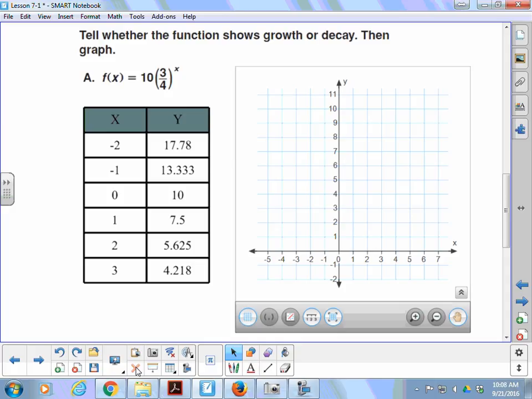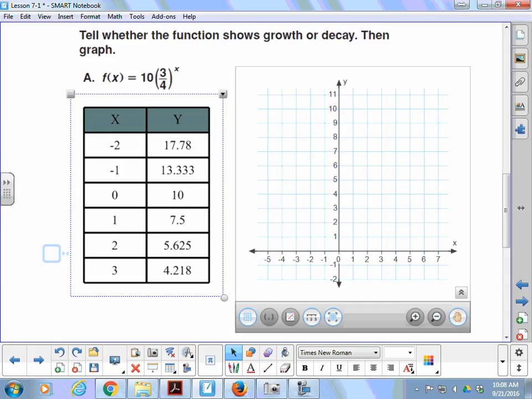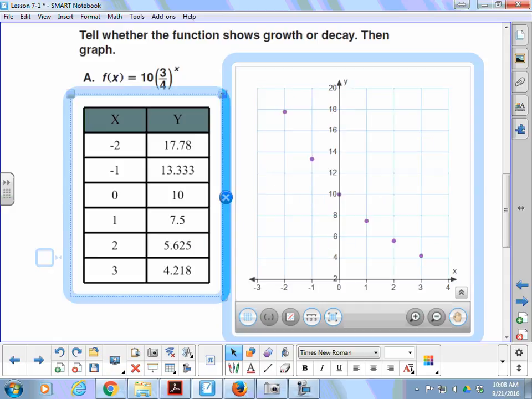And because that happens, it'll never actually get to 0. So if I graph these points, we can see that they are going down as they go to the right.